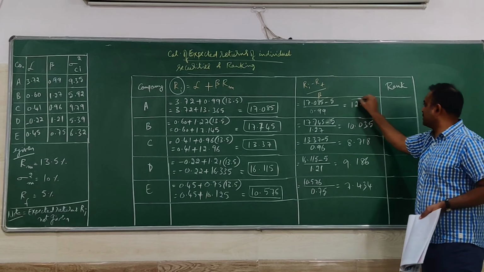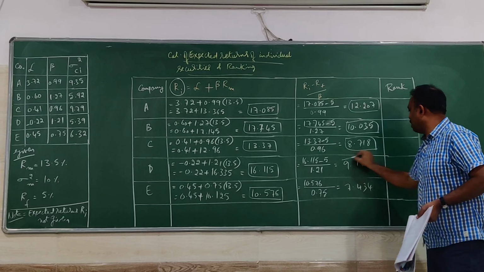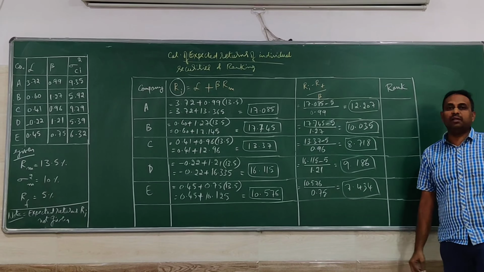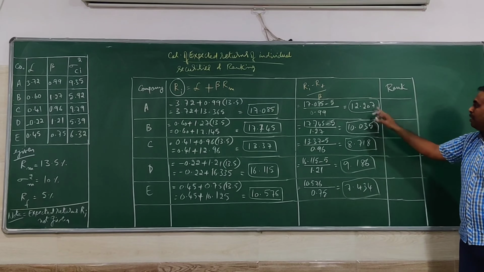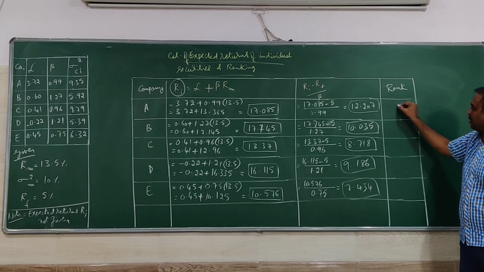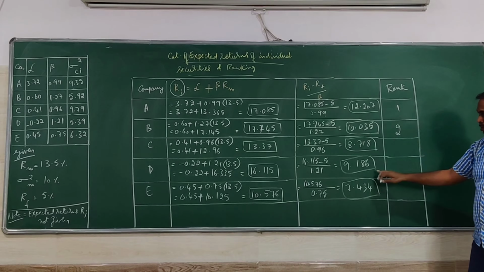After finding the excess returns, we have to see which company's security has the highest value. If you see here, out of all this, 12 point is the first one. Next is 10 point, that is 2.